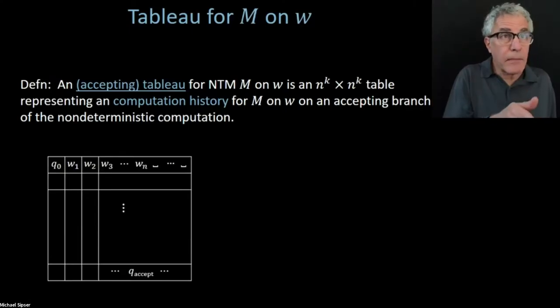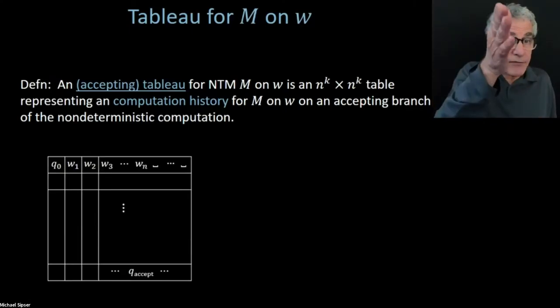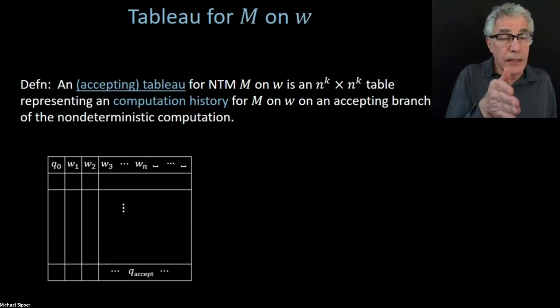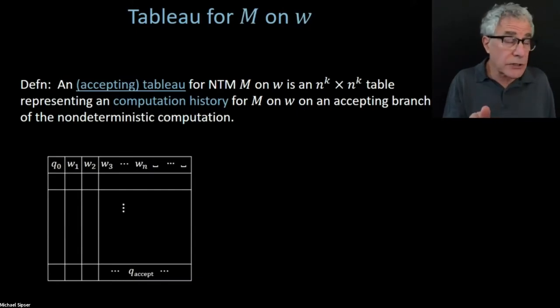So if M accepts W, it's got to have some accepting branch, and the tableau is going to be the sequence of configurations that the machine goes through on that accepting branch. If there are several accepting branches, there will be several tableaus. So there's going to be one tableau for each accepting branch of the machine's computation on W. If the machine does not accept W, there won't be any tableaus.